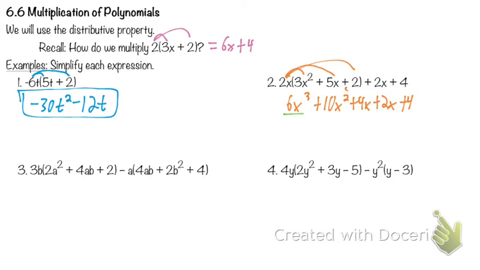So that 6x to the third is coming first, that 10x squared is coming second, the 4x and the 2x are coming third, and that 4 coming out at the end. We might notice it's actually still in the right order. We just need to combine those x's, right? Okay, so 6x cubed plus 10x squared plus 6x plus 4. That's going to be our answer.